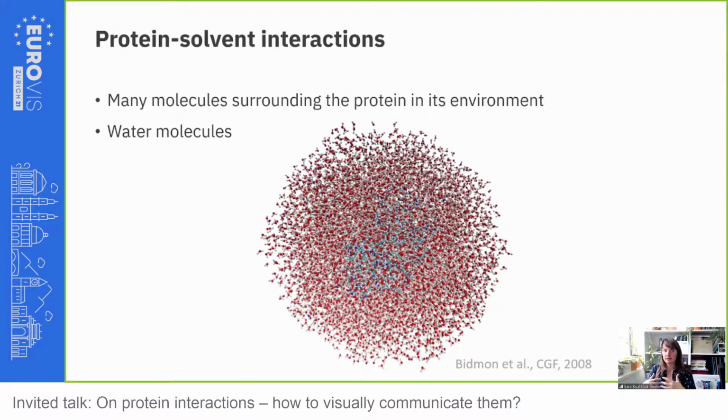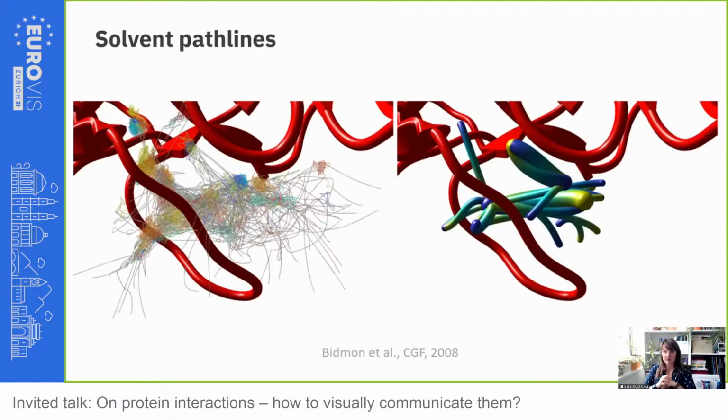So the role of the water molecules is very important, but it's also a very complicated task, as we can see here.